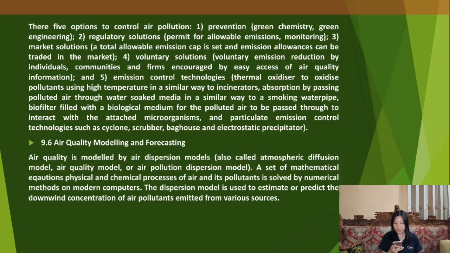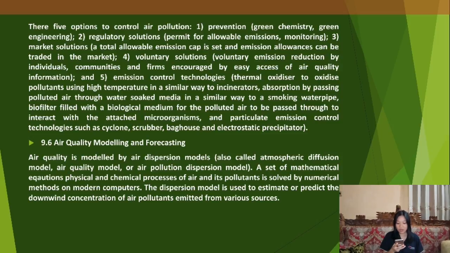A set of many mathematical equations, physical and chemical process of air and its pollutant is solved by numerical methods on modern computer. The dispersion model is used to estimate or predict the downwind concentration of air pollutants emitted from various sources.